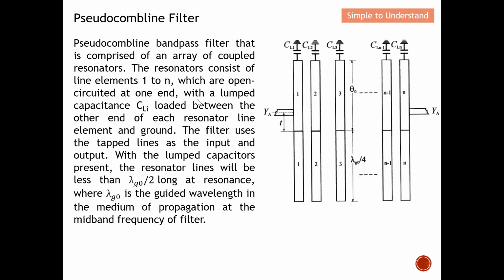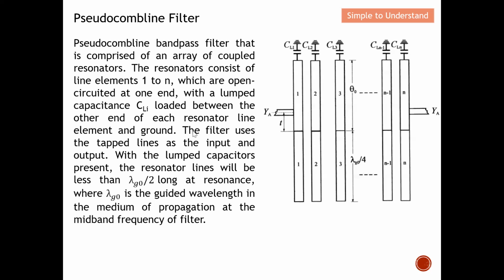And on the other side, they have a lumped capacitor loaded between the other end of each resonator line element and the ground, which I have described earlier on. The filter uses the tap line as the input and output. So this is the tap line, this is where the input is, and this is where the output is. Later on you will realize that we also need to design the location of the tap line.